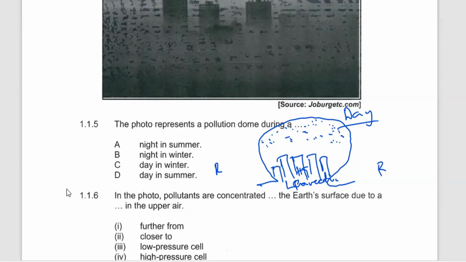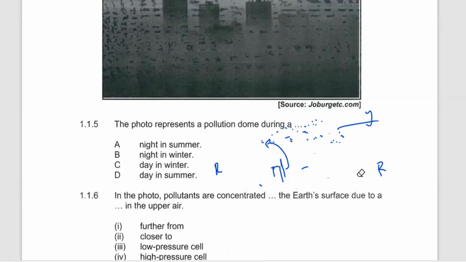And as a result, there's a pressure gradient that results in air movement into the urban area from the surrounding rural areas with lower temperatures. This is going to cause convection currents, and the convection currents are going to uplift the pollutants into the upper atmosphere, such that during the day the concentration of the pollutants is limited, and the pollutants are lifted up above the urban area. That is the day situation.